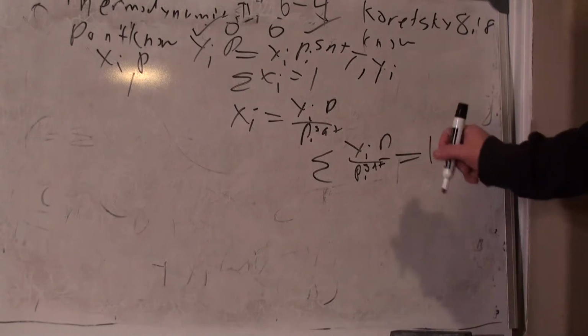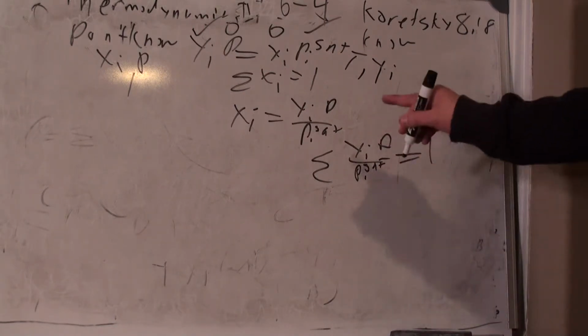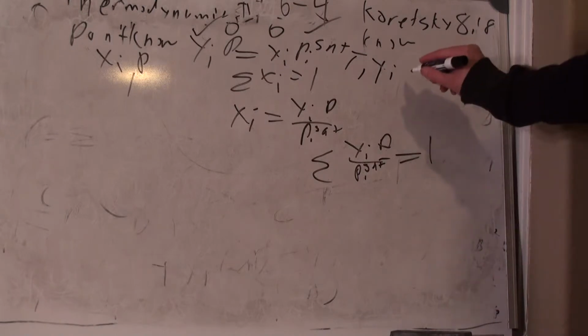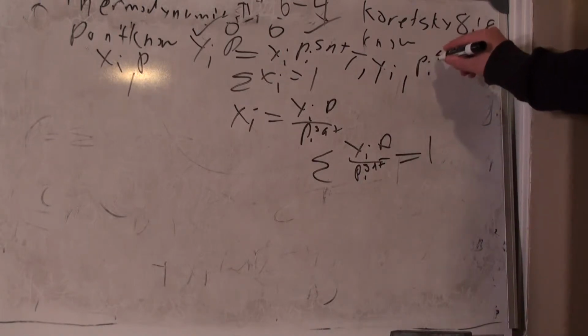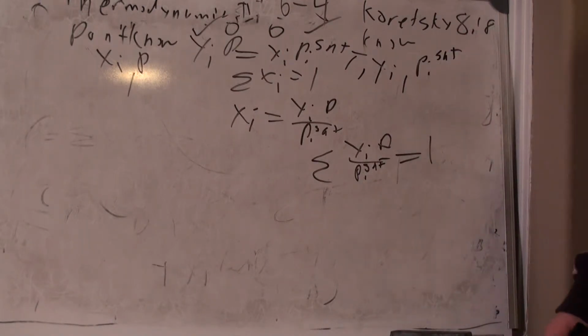And so I ask myself, okay, do I know or have a value for yi? I do. Do I know or have a value for P? I don't. Do I know or have a value for Pi sat? I do, because I know my T's. And I can use the same saturation pressures I used when I did 8.18. I don't need to redo them.